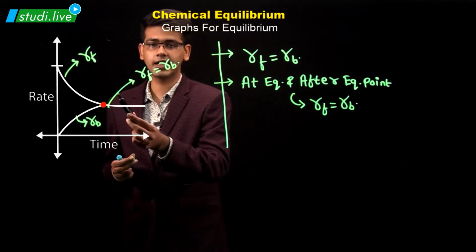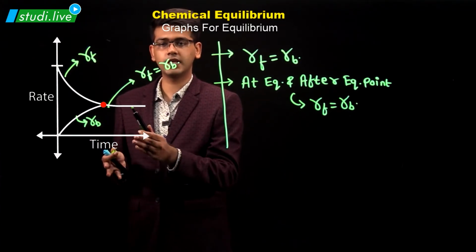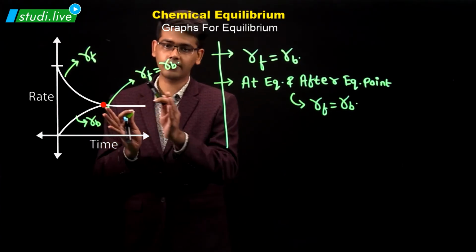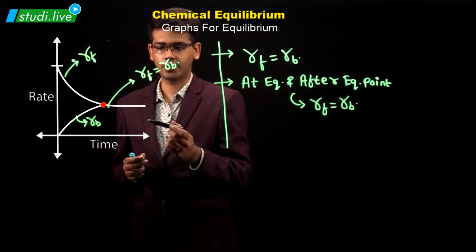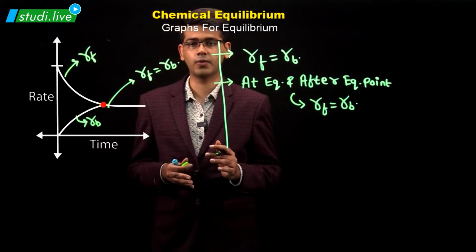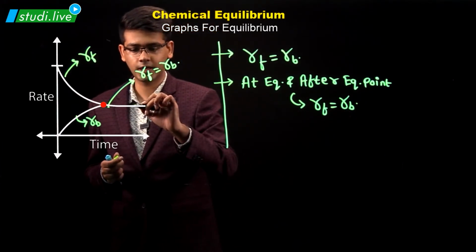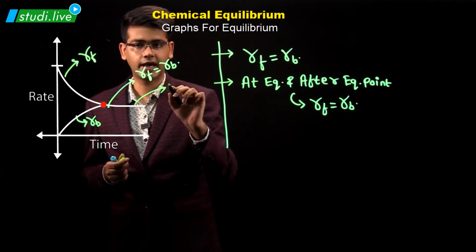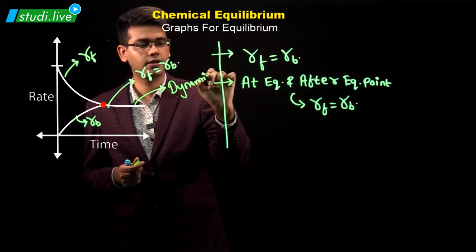We can clearly see that after the red point where the rate of forward reaction becomes equal to rate of backward reaction, after that also there is a constant rate where the rate of forward reaction is equal to backward reaction. And this particular equilibrium is nothing but called as dynamic equilibrium.